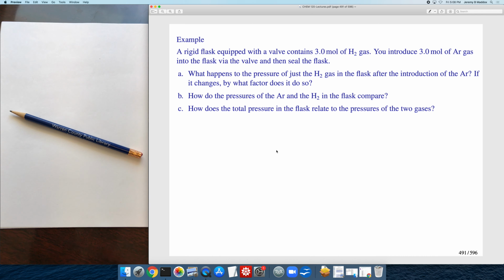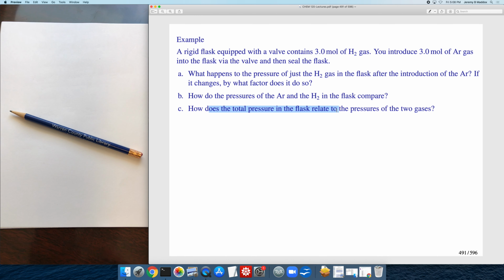Well, since we assume that the temperature is the same and the volume of the container doesn't change, when we introduce 3 moles of argon gas to the 3 moles of hydrogen gas, since they have the same number of moles, the same volume, and the same temperature, we would expect the partial pressure of the argon to be equal to that of the hydrogen gas. So they would have the same value of the partial pressure.